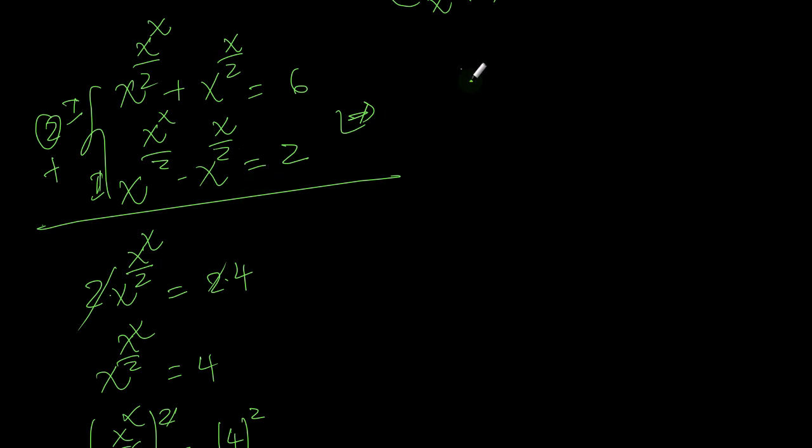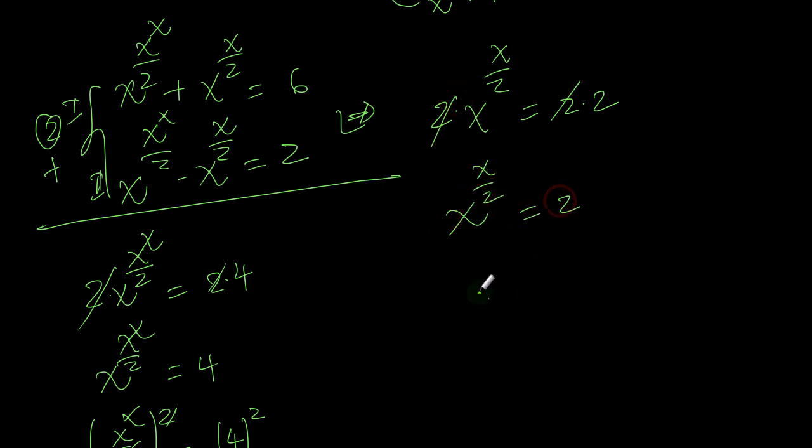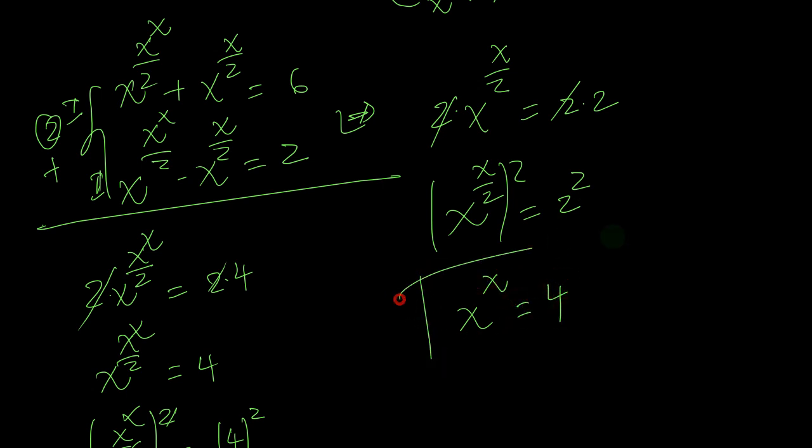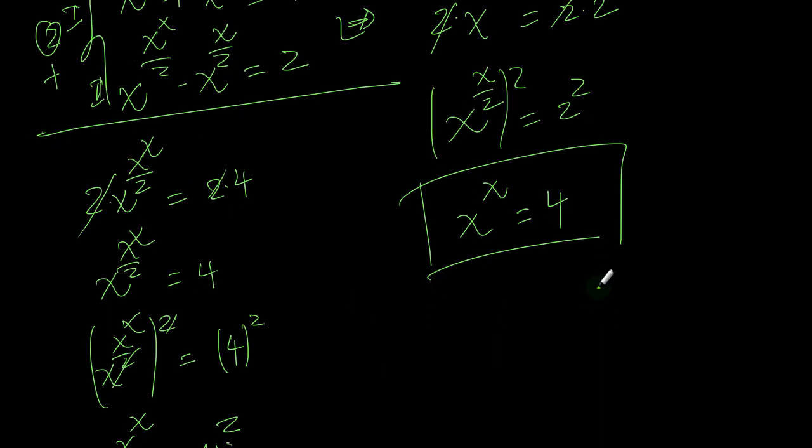This one minus this one, we cancel this and this will turn positive, so we're going to have x^x over 2 equals this minus this, which is 4, right? And 4 is 2 times 2. This cancels with this, and then we're going to have x^x over 2 equals 2. So if we square both sides, we have x^x equals 4. Okay, x^x is equal to 4.